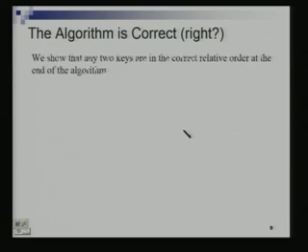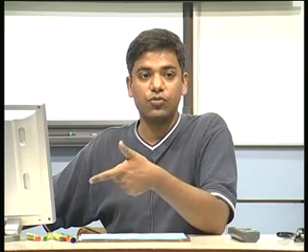Okay. Now, let us understand the correctness of the algorithm. So, we are now going to show that any 2 keys are in the correct relative order at the end. That means that if I take 2 keys, one is smaller than the other, then in the end the key which is smaller appears before the key which is larger.